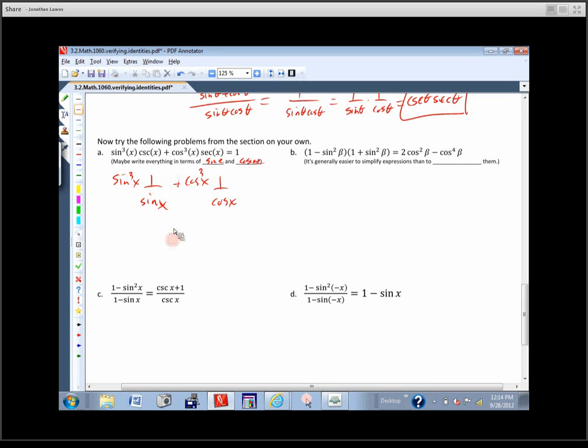Again, I'm working just on this side right here. Cancel that one with one of those. Cancel that one with one of those. So I've got a sine squared x plus cosine squared x equals 1. That's it.